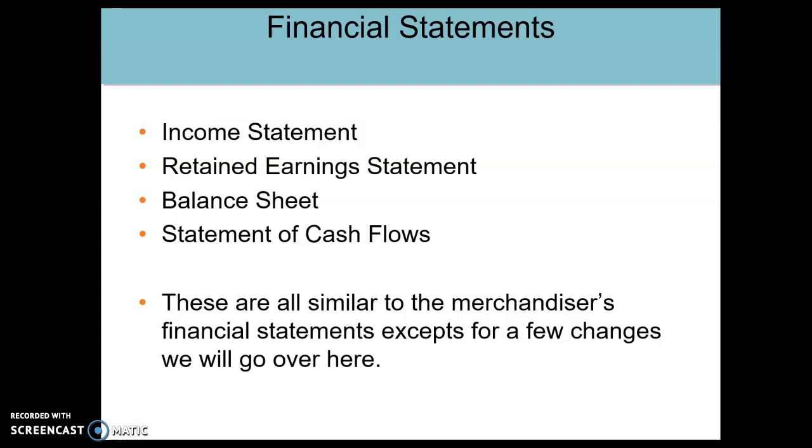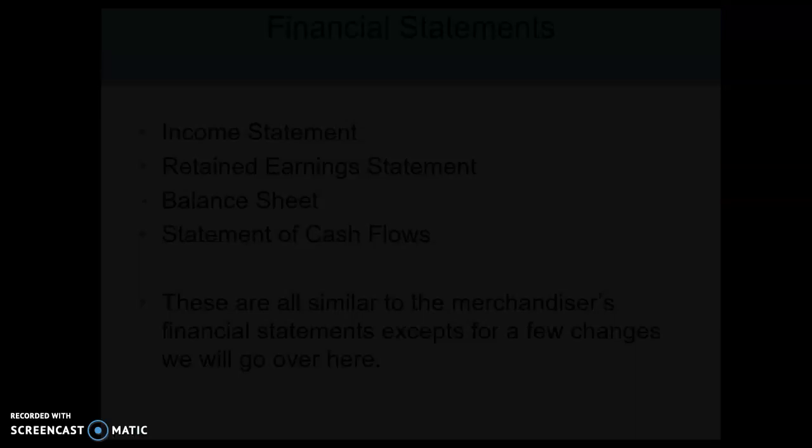Now, we do these for the manufacturer very similarly to what we did for the merchandiser, and so they're fairly similar. Now, we're not showing in here the statement of cash flows. We'll be working on that separately later in the semester.